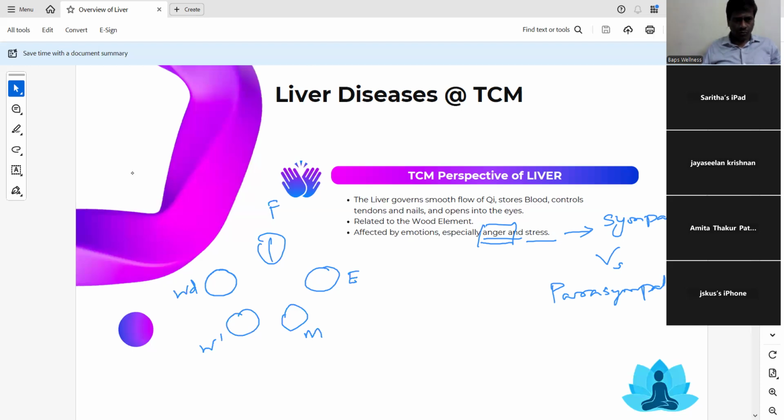So the normal flow of energy, the chi flow. If the wood element is having any problem, we will have to check the condition of the water invariably.